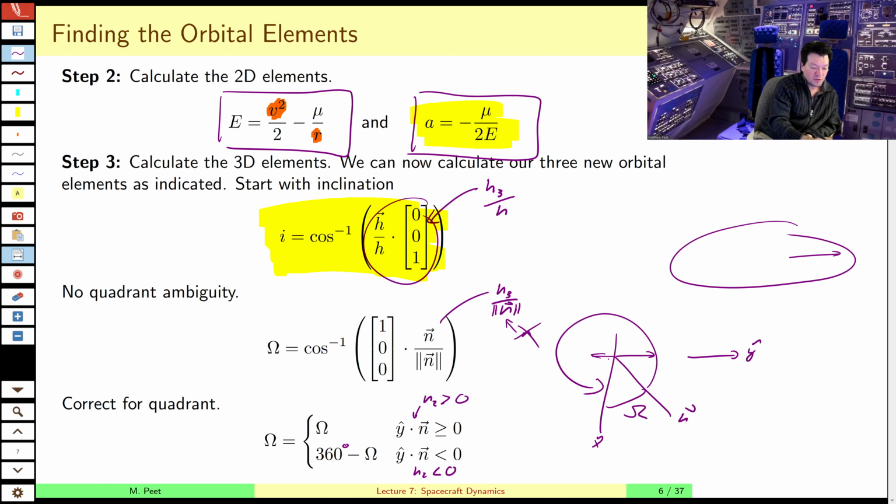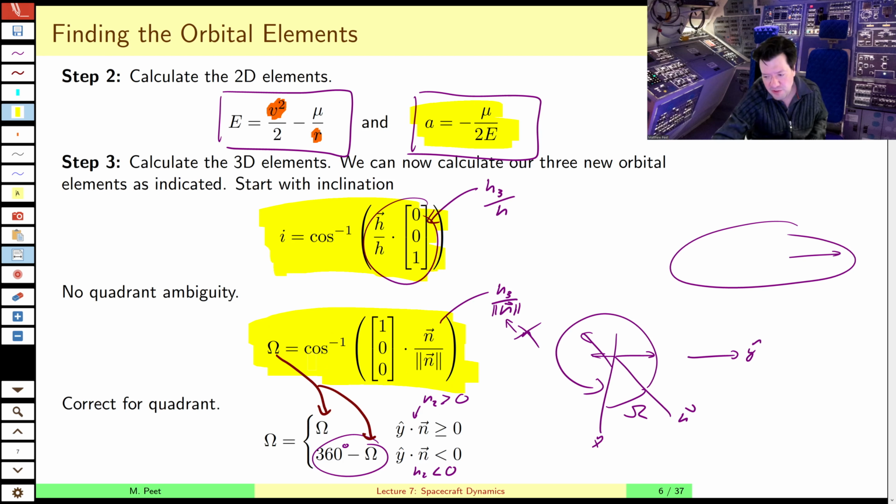The line of nodes is pointing over here somewhere, and so we have to do a correction. We take 360 minus the right ascension, and that gives us our corrected right ascension. So we just plug in one or the other using this case logic based on the second component of the line of nodes. And that gives us our formula for right ascension, our fourth orbital element. Of course, we could have done true anomaly first, but since we have a vector version, I'll leave it to the last.